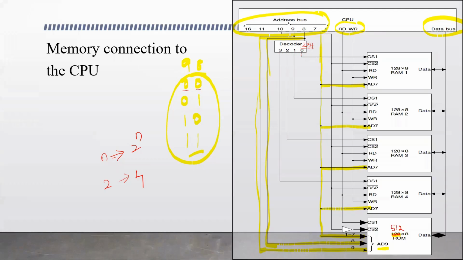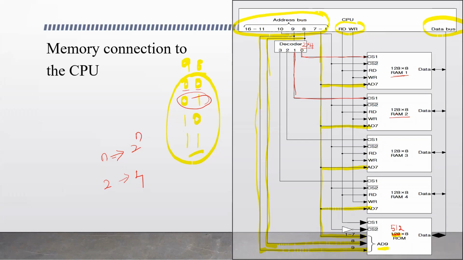The 0 line is connected to CS1, which means it selects RAM 1. And output 1 of this decoder is connected to CS1, the chip select line of RAM 2. So if the output of the decoder is 1, it means bits 9 and 8 are 0, 1, and this combination selects RAM 2.